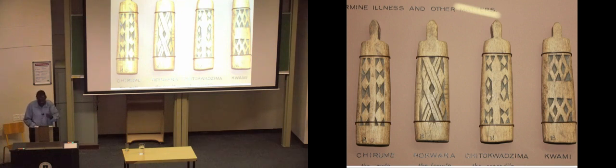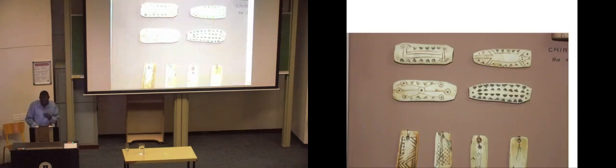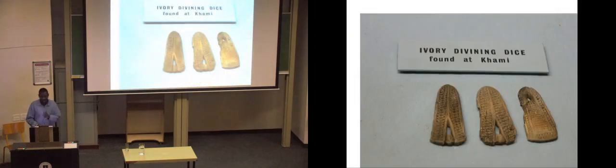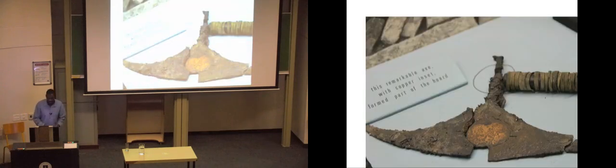The same applies to these ones, except these ones are from ivory. These ones are from Khami. They were found from the hill complex, and the interpretation is that they were owned perhaps by the king, or the king had a diviner who was also resident in his quarters. I don't know, but we can just associate them with those belief systems and traditional divining processes.